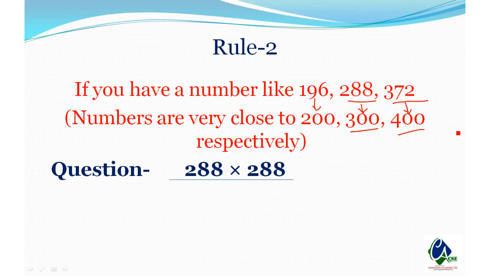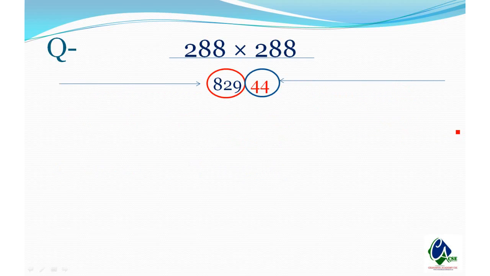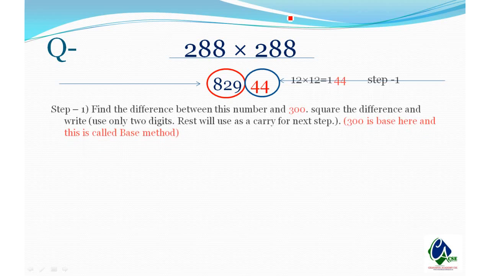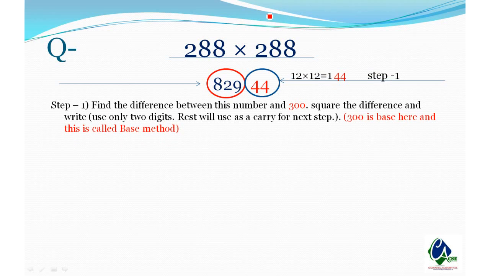See the example. If you are going to calculate the square of 288, our first step is almost the same. Find the difference between this number and 200, and the difference is 12. What is the square of 12? 144. But we need only 2 digits. So we take only 44 and 1 will be used as a carry. Second step is a little different.